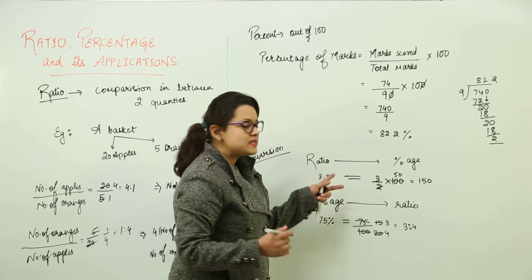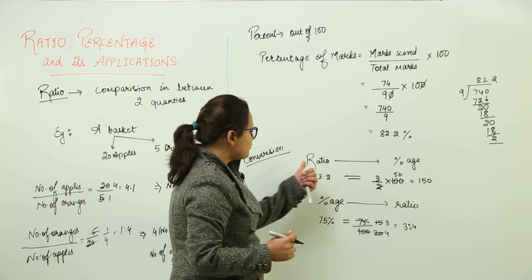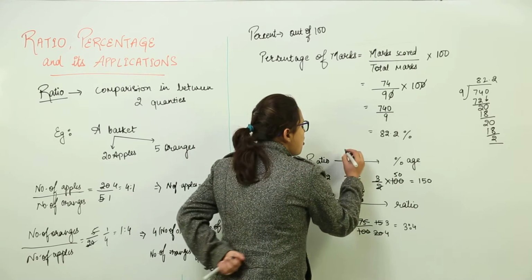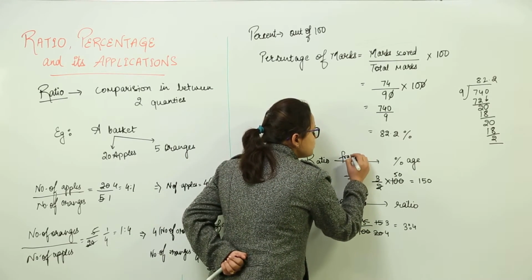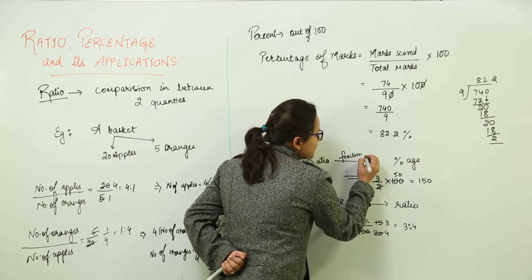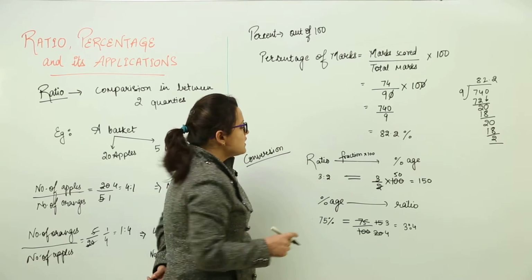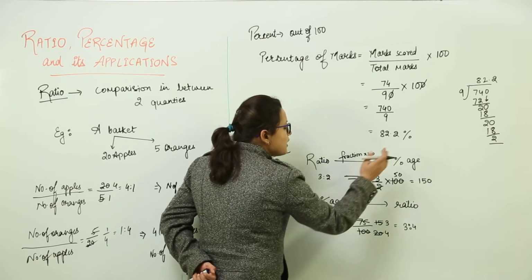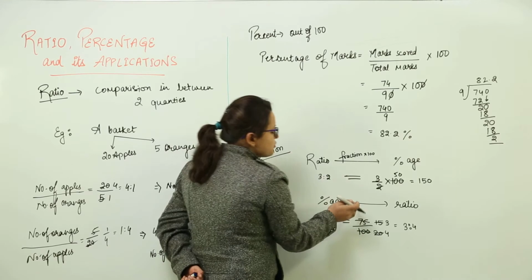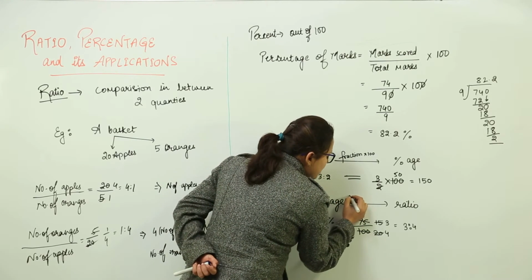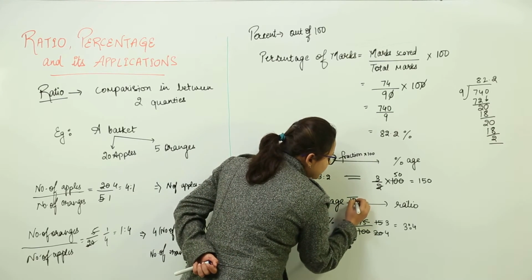So what is the basic step for conversion? When you have to convert ratio to percentage, always convert ratio into fraction first and then multiply that fraction with 100. Understood? Similarly, when you have to convert percentage back into ratio, you have to divide it by 100.